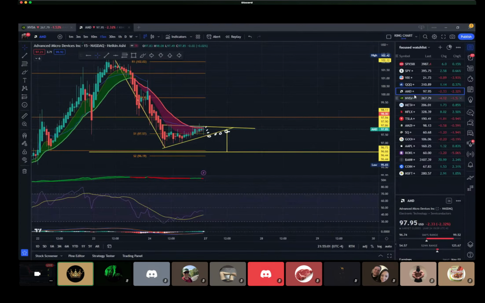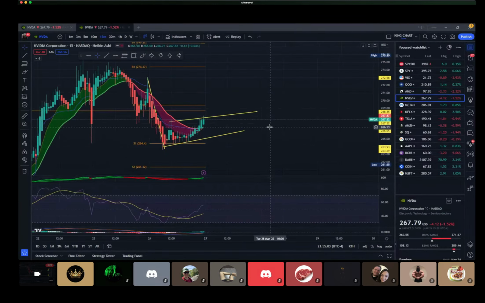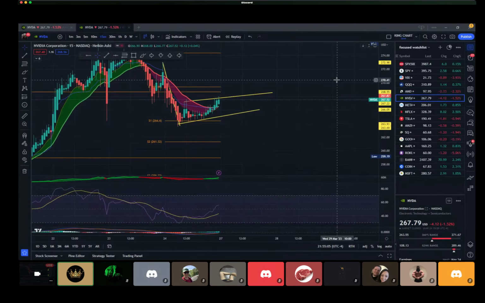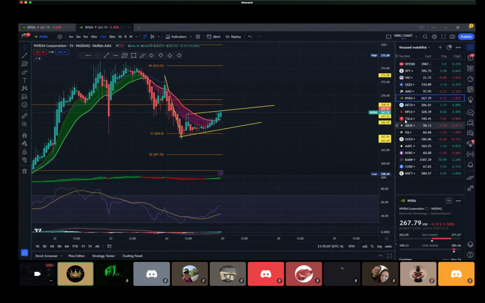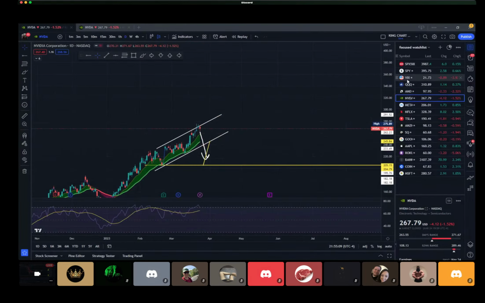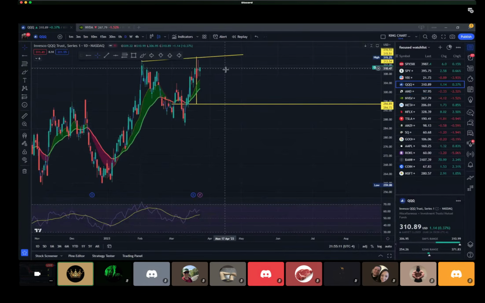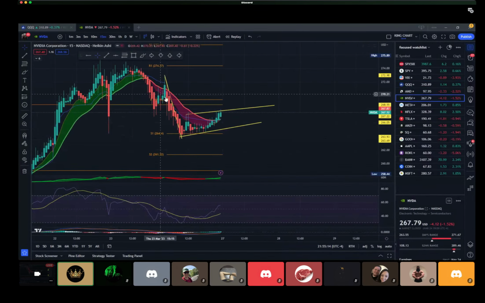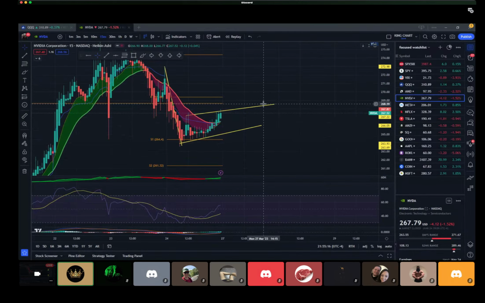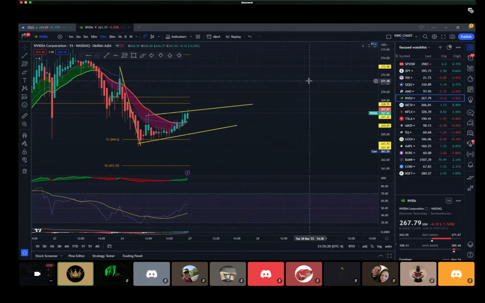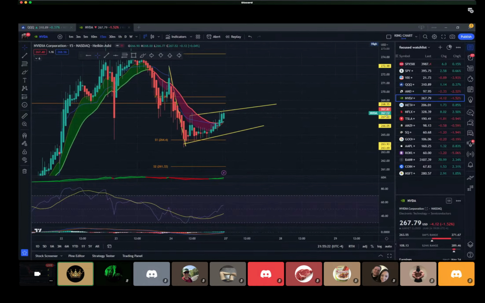Based off AMD, definitely could stay puts here. If we remember back to our QQQs, got a bearish divergence to look forward to. So definitely very bearish. Not usually a bear, but you can't be biased in this market. You do what the market gives you.